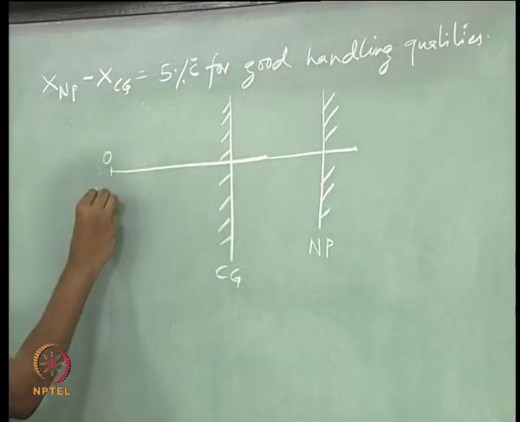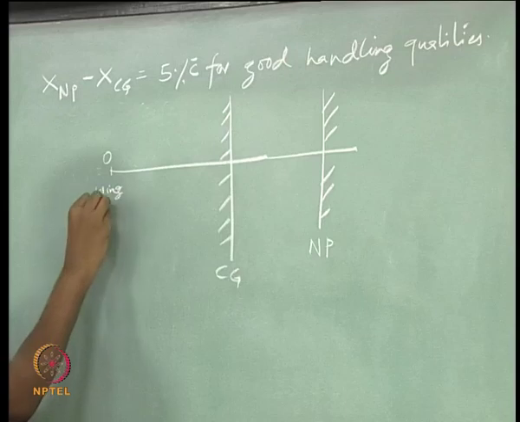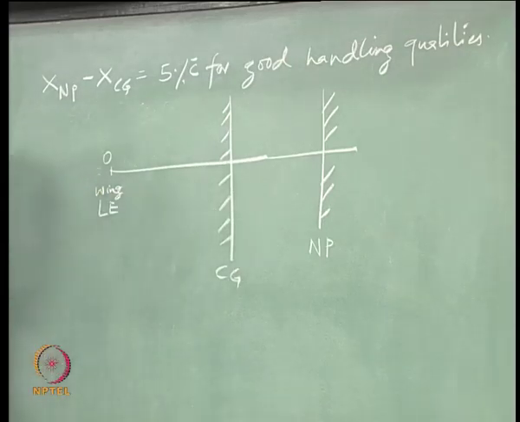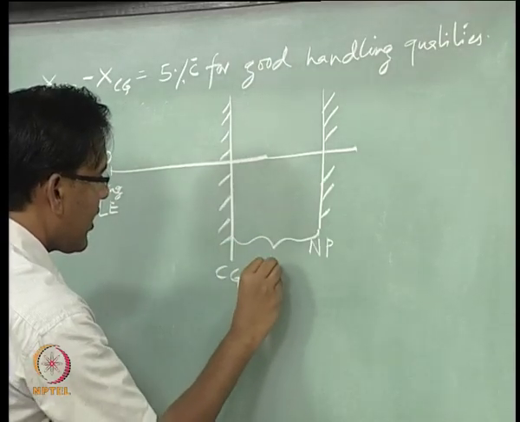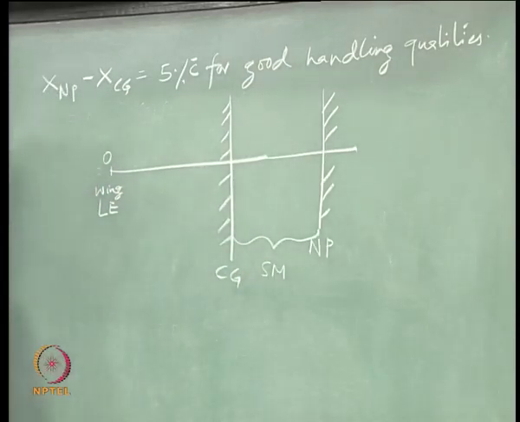Zero is at the wing leading edge. Okay. So, this is what is called static margin or SM.